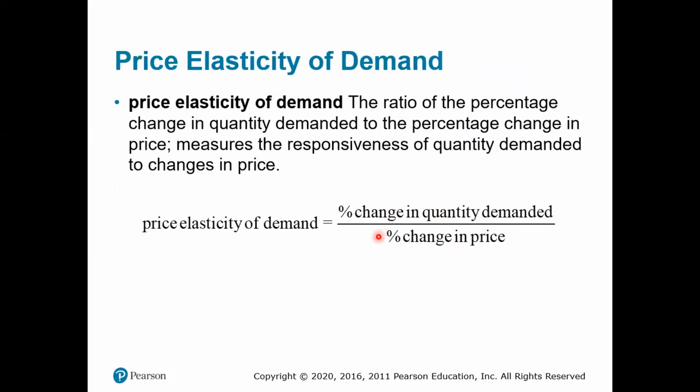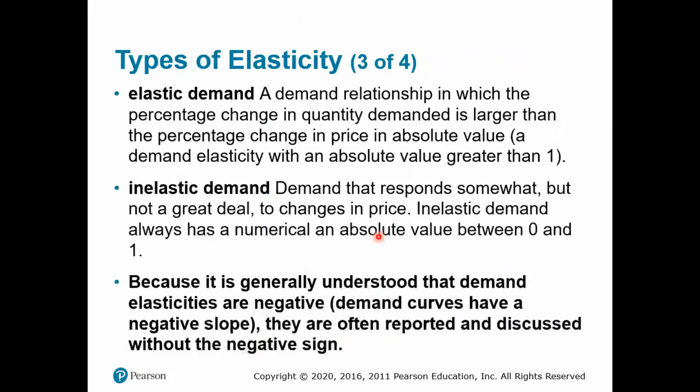That means the value is going to be between -1 and -infinity, not including -1 and not including -infinity. But now we know percentage change in quantity demanded is bigger than percentage change in price. We're going to weaponize this, and I'll show you how to use this knowledge in a minute.